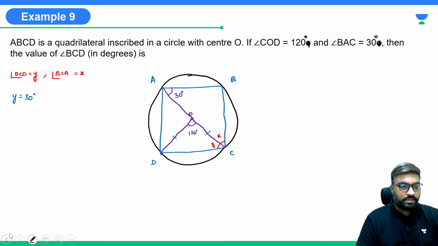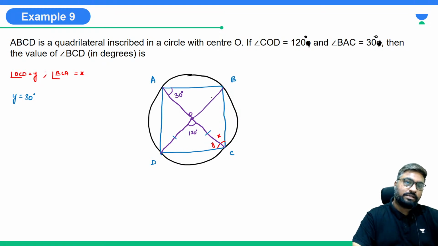If we join this, इसको अगर अपन join करेंगे, then this angle will also be 30. This is 30, this is 30. So automatically this is also 120. This basically means that these two chords are of same length. Same way these two chords are of same length.